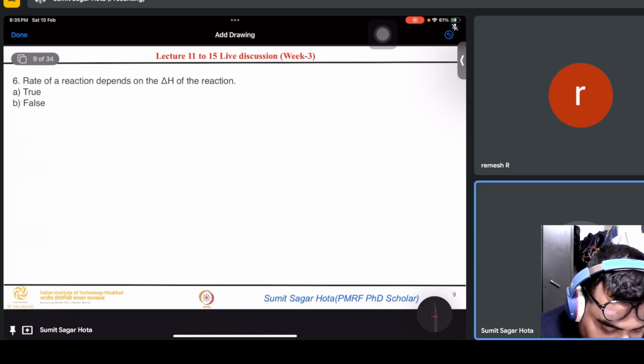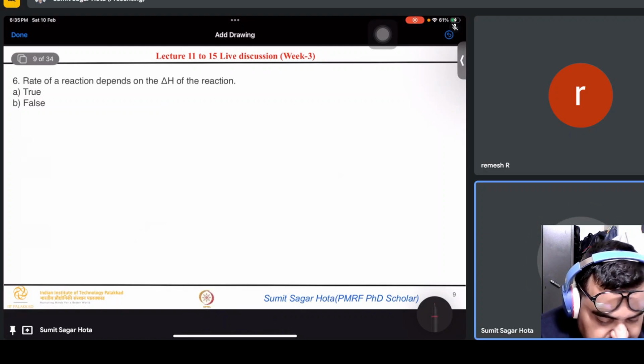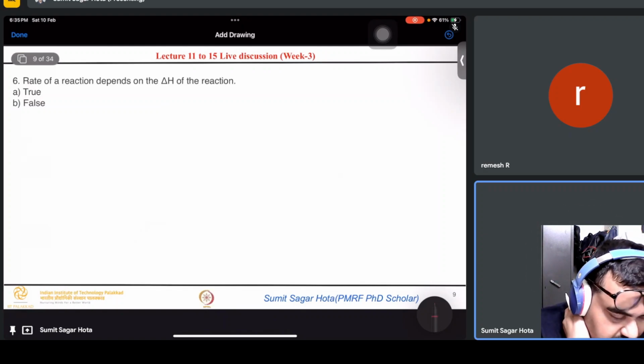The rate of reaction depends on the type of reaction.